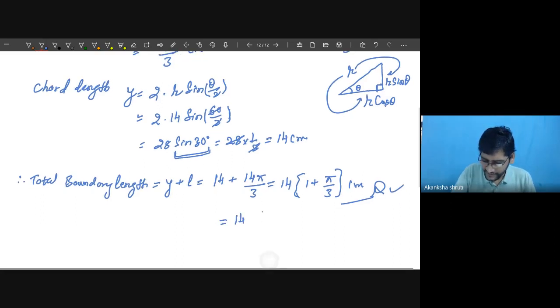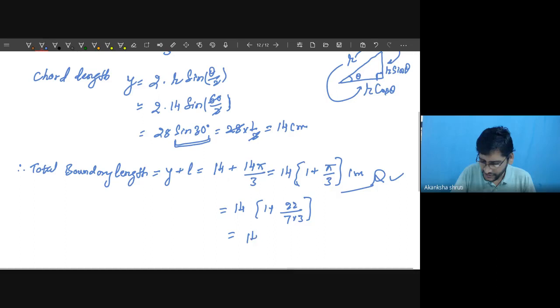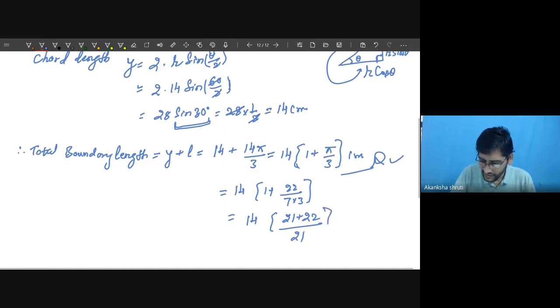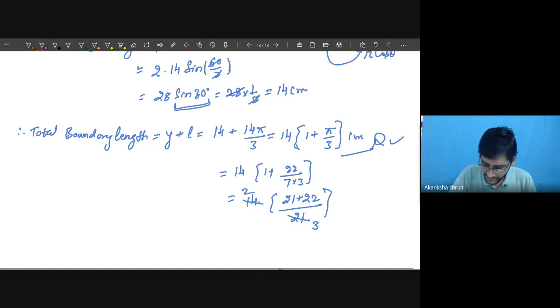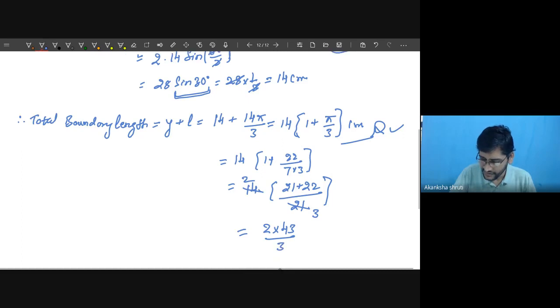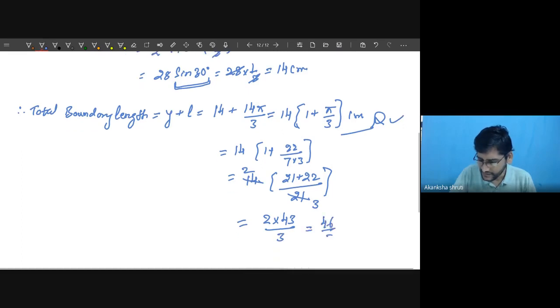So it becomes 14 into 1 plus 22 by 7 and by 3, so it will come here. So it becomes 14 into 7 threes are 21 plus 22 divided by 21, or you may cancel this 7 into 3, so still it is 3 and it is 2, so it becomes 2 into 43 by 3, so it becomes 86 by 3.